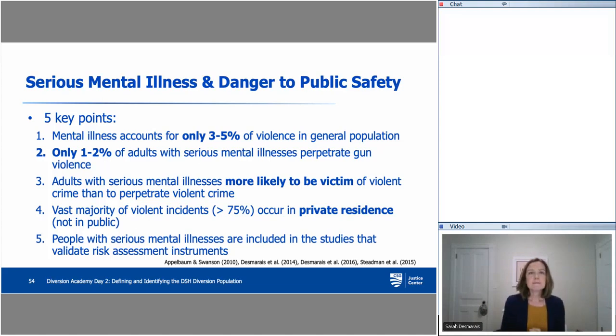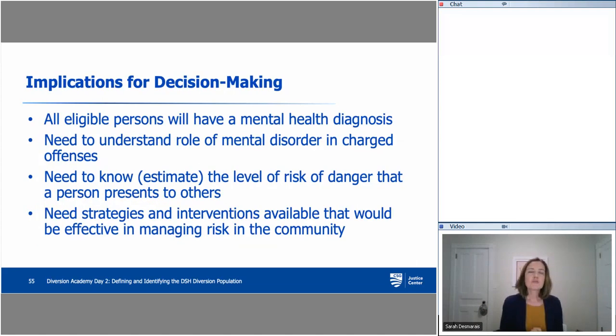Next slide, please, Katie. So what does this mean when we're thinking about who is appropriate for diversion? First of all, you're going to have all folks who have certain categories of mental health diagnoses. You're going to need to understand the role of the mental disorder in the offenses. And then, when we're getting into risk assessment, you need to estimate the level of risk of danger that that person presents to others if they were to be released into the community.